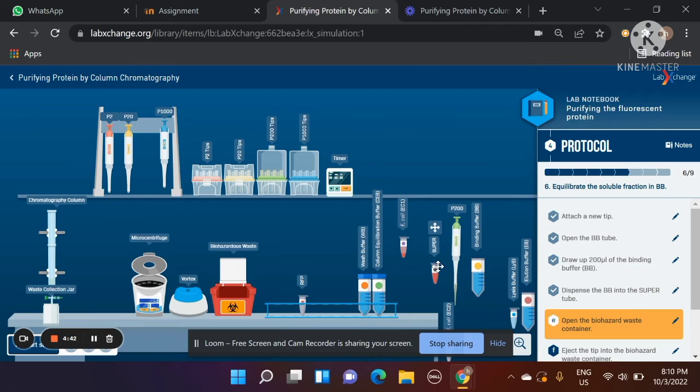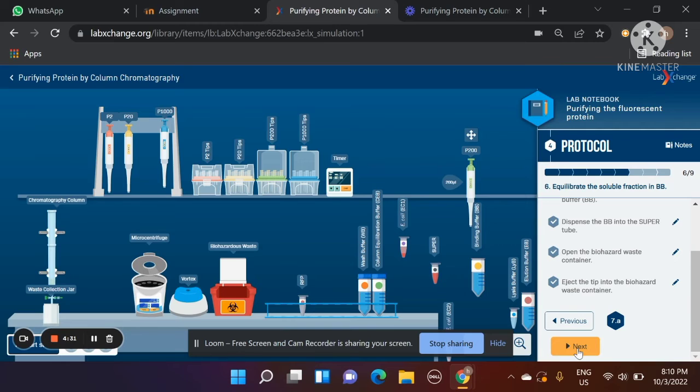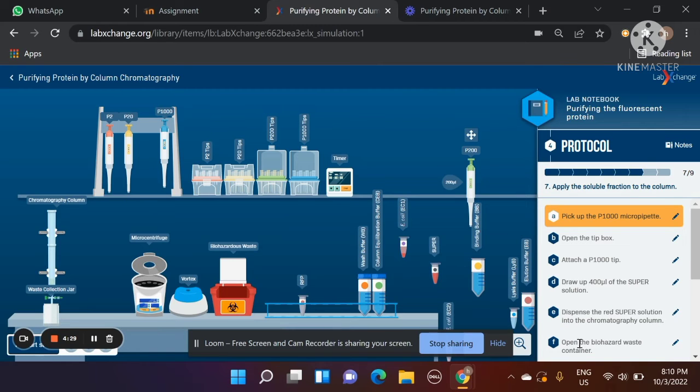Then we have to open the biohazardous waste box. Then eject the tip. Then let's move to the seventh procedure.